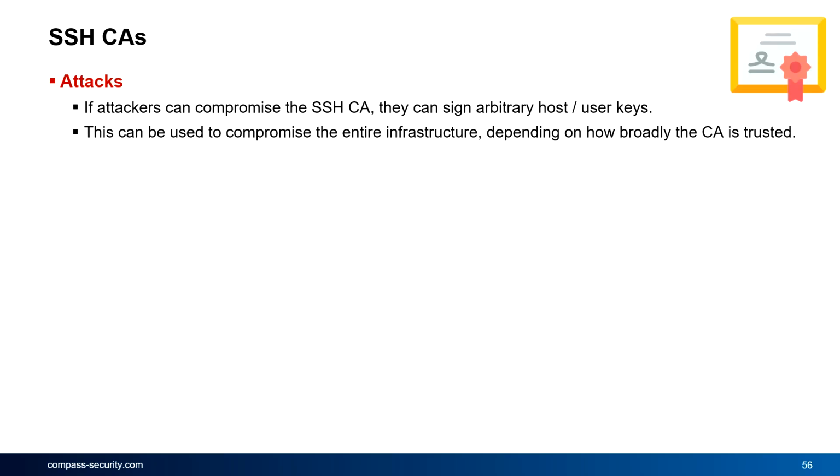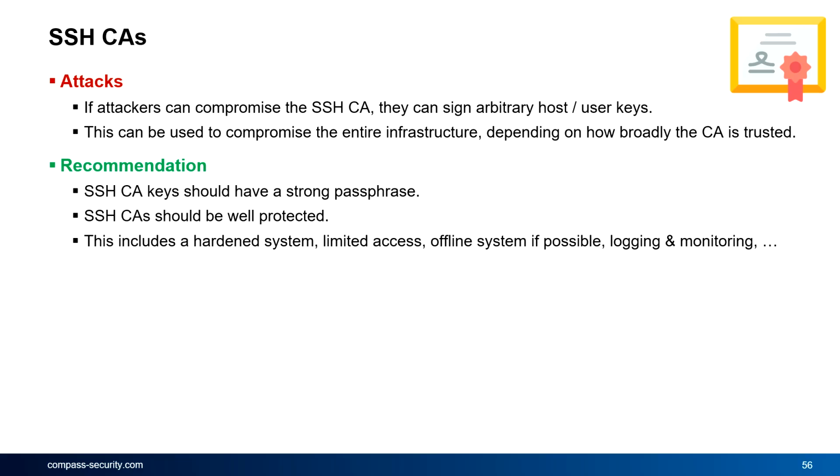If attackers can compromise the SSH CA, they can of course sign arbitrary host and user keys, and this can also lead to a full compromise of your entire infrastructure, depending on how broadly your SSH CA is trusted.